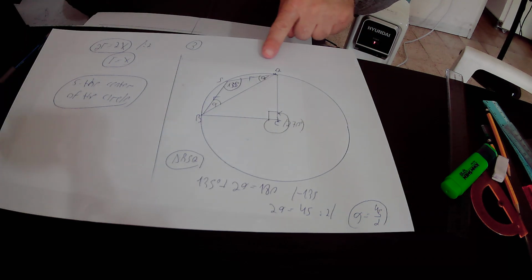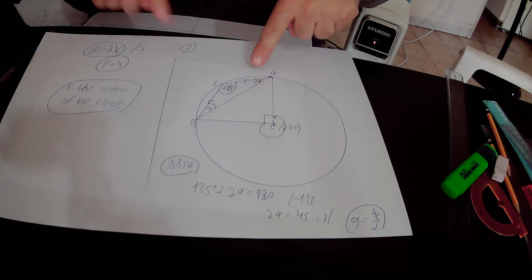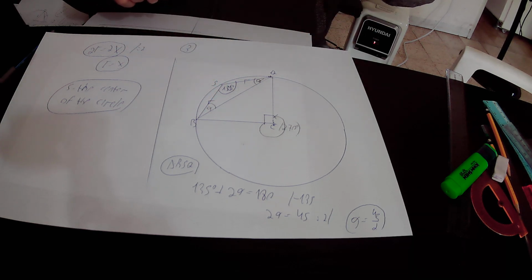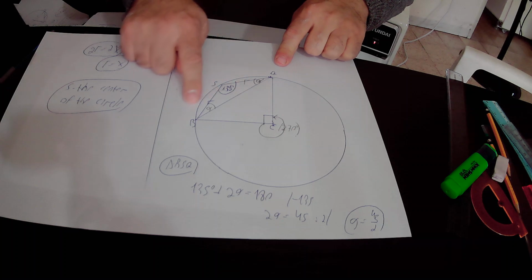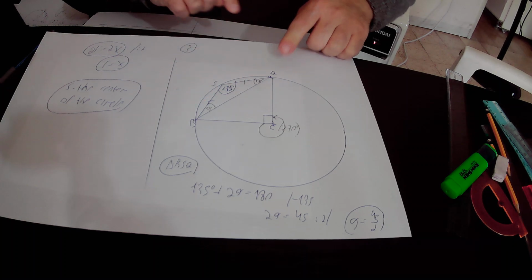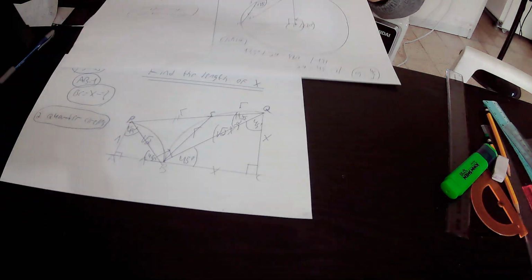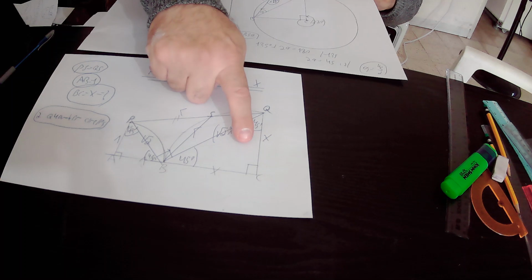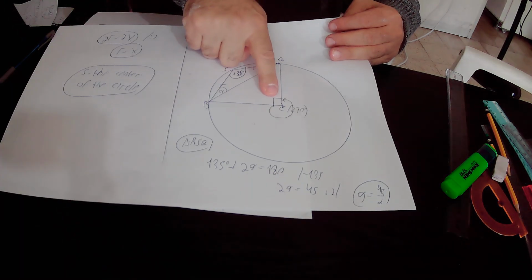Those two sides are equal to each other. And then we join points B and Q together by a straight line, and this is actually angle QCB equal to 90 degrees.